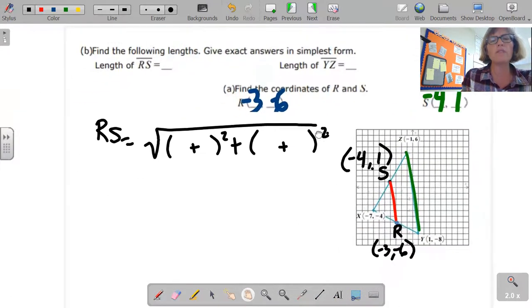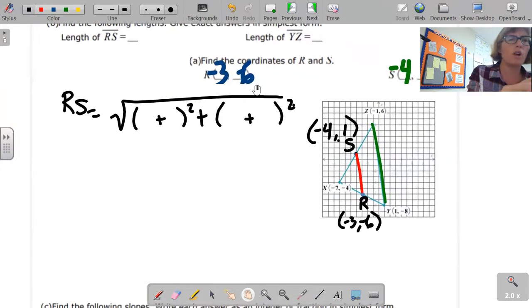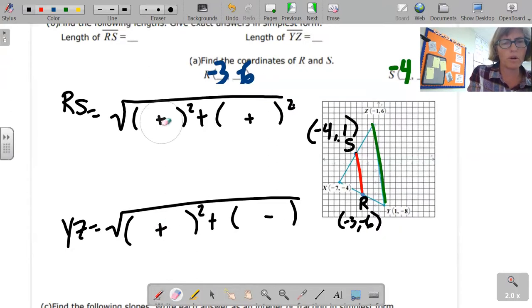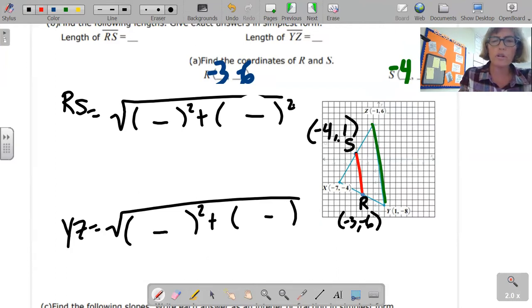You're going to give your answer exact and in simplest form, so we'll do this. There's RS, and then here we have YZ. Whoops. These are minuses in the middle here. Minus, minus, minus. Okay, let's do RS first.